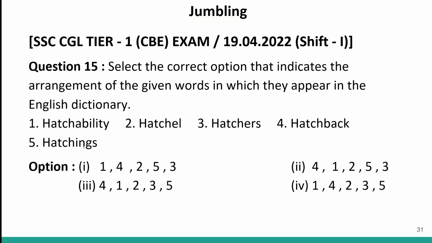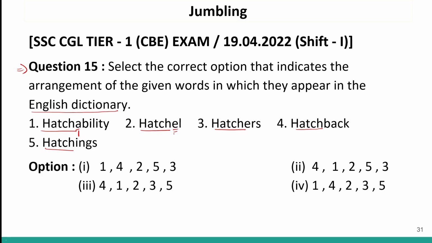Okay? Now, question number 15, last question for today. We have to arrange these words in the English dictionary order. The words are hatchability, hatchel, hatchers, hatchback, and hatchings. So I can see hatch is common in all. So we will look at the letter after H. After H over here we have A, which is 1.